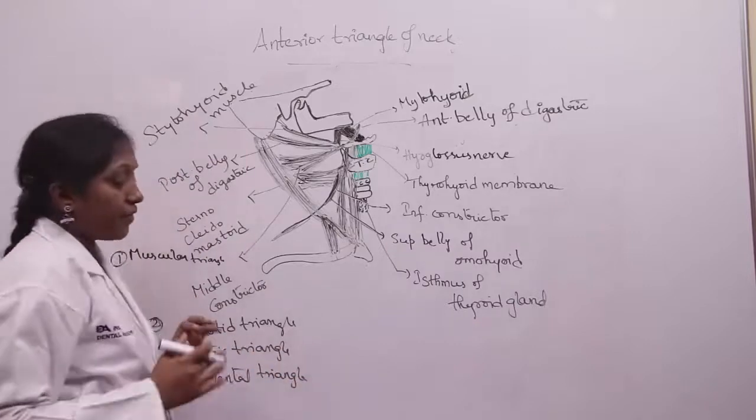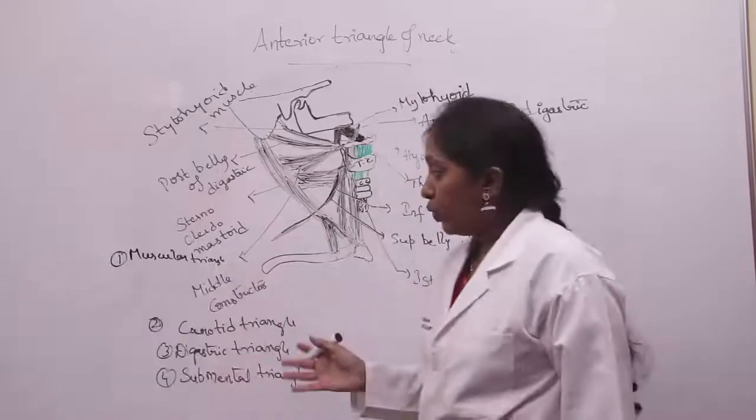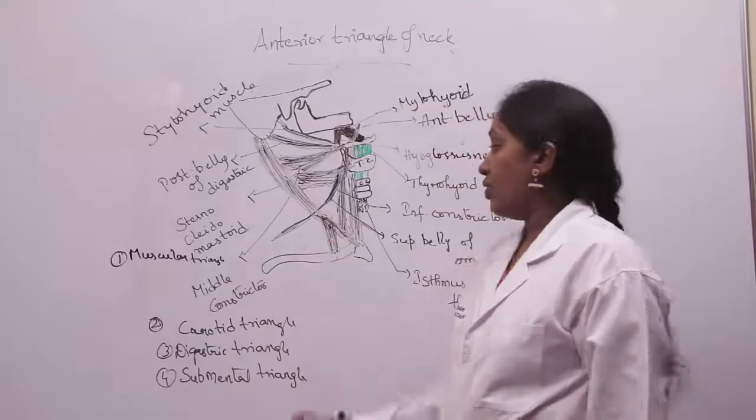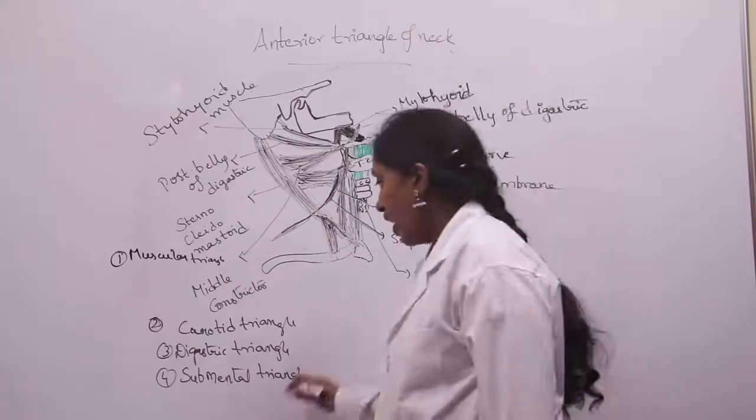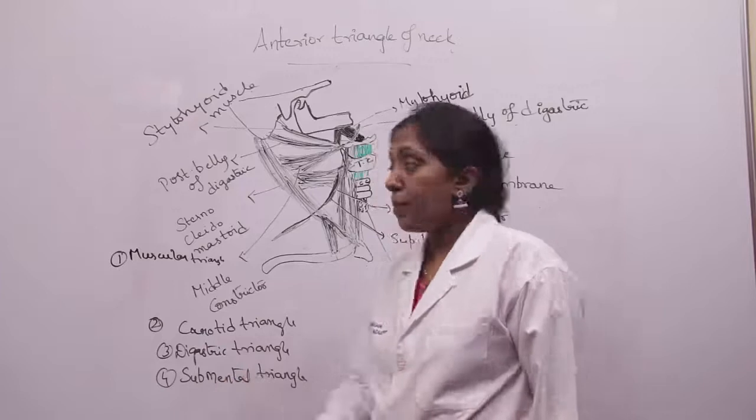So the anterior triangle is subdivided into 4 triangles: muscular triangle, carotid triangle, digastric triangle, and submental triangle.